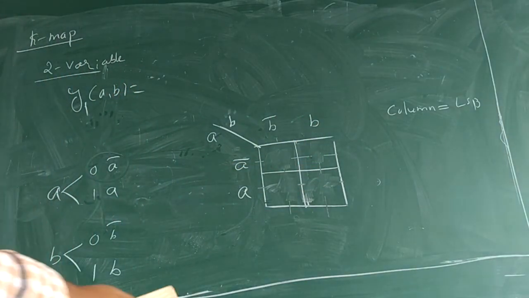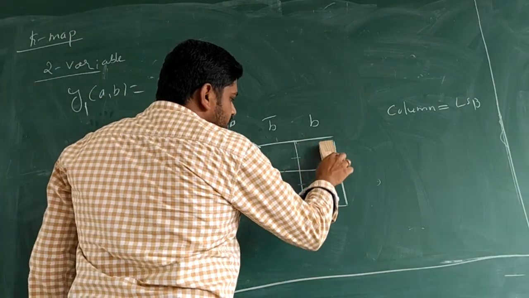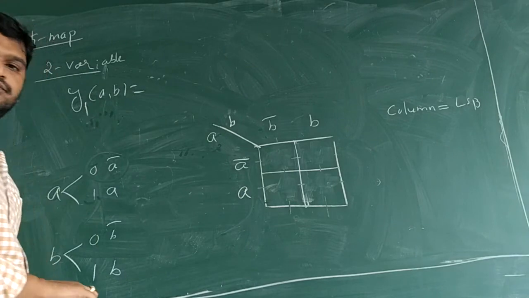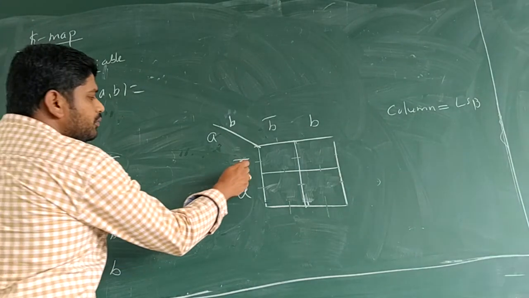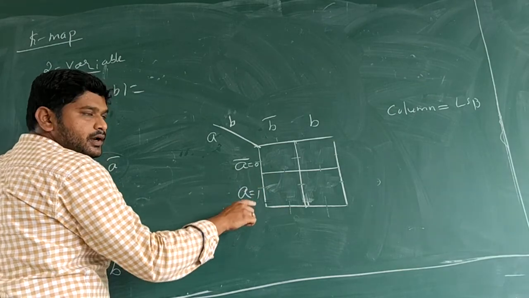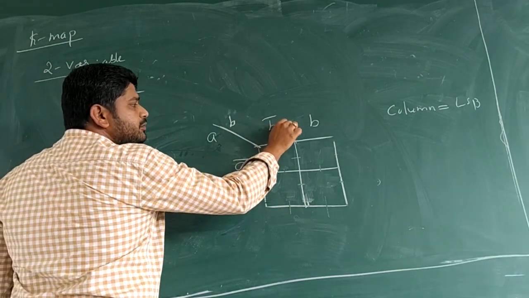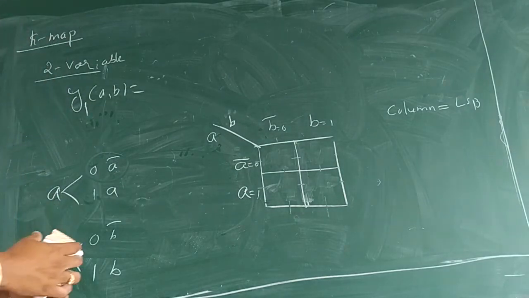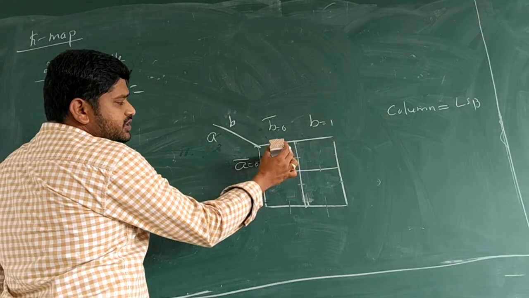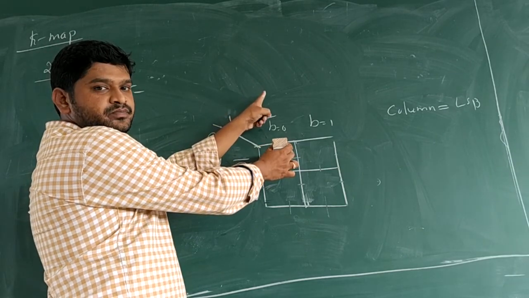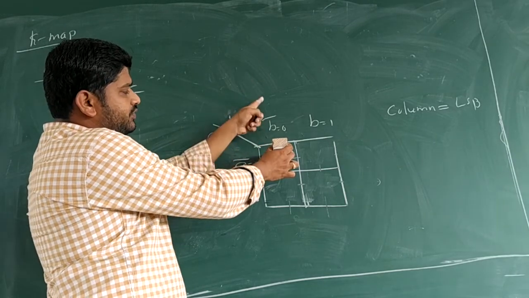You already studied this, but it is important to recall the concept, so I am taking it. What do you mean by A complement? A complement is 0, A means 1. B complement means 0, B means 1. Now assume you are standing in the square. Look left, look front.